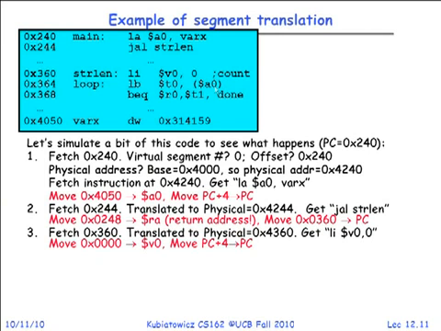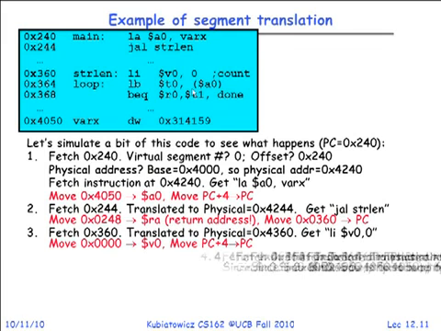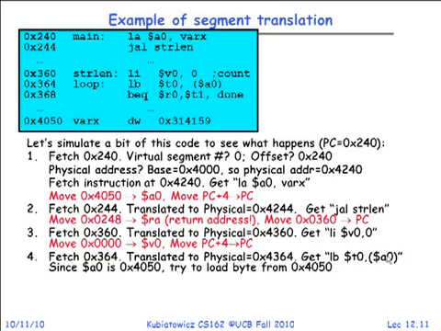We have to fetch the instruction. So the first thing is going to look exactly like before. This is kind of boring. To fetch at 364, we translate to 4364, we get it. Now, notice that address A0 is 4050 virtual.